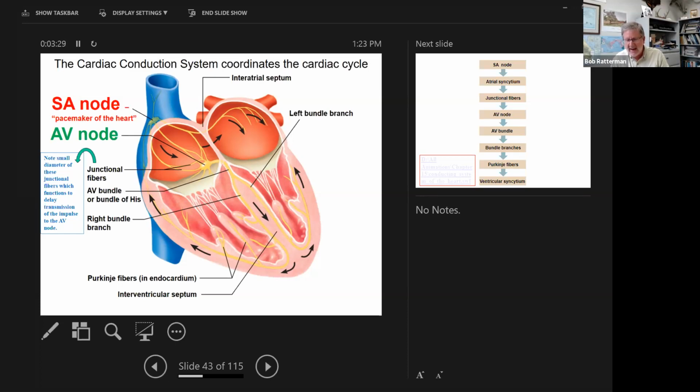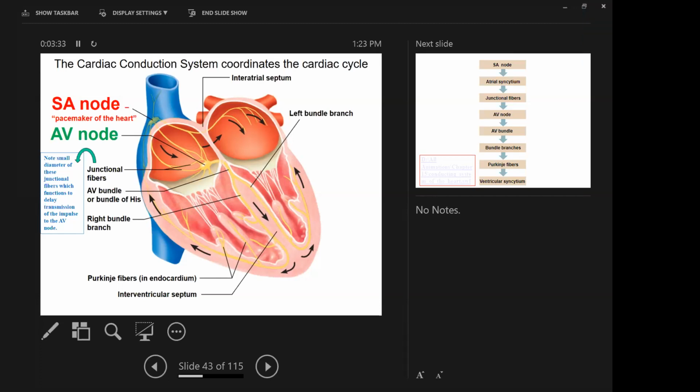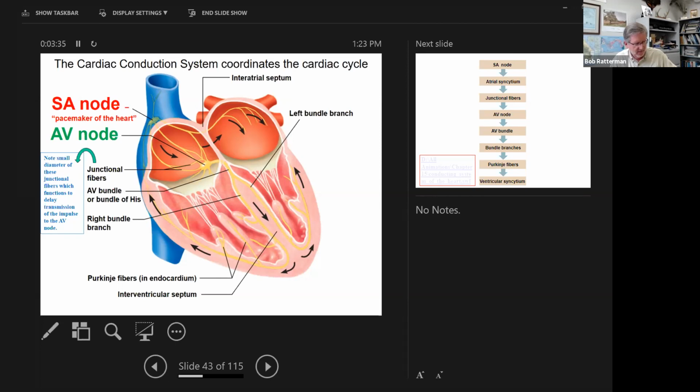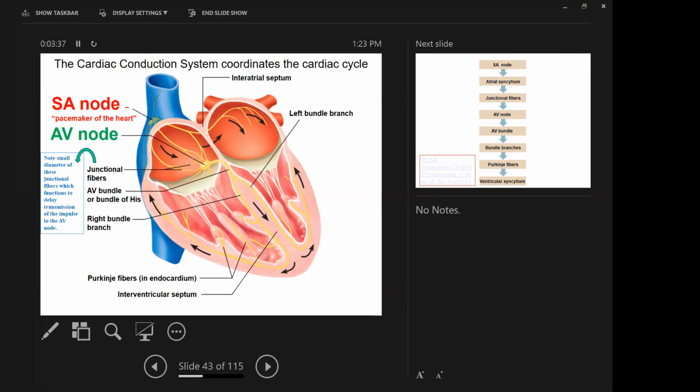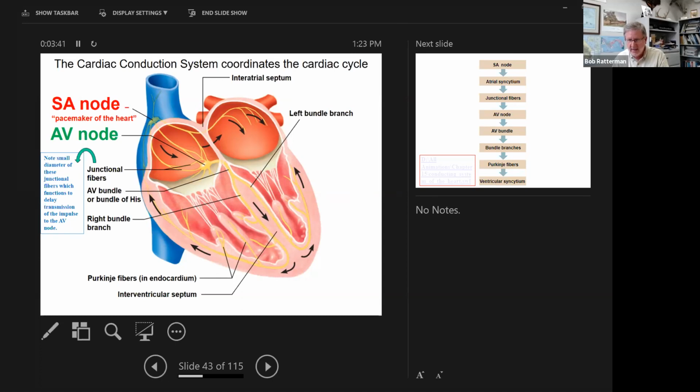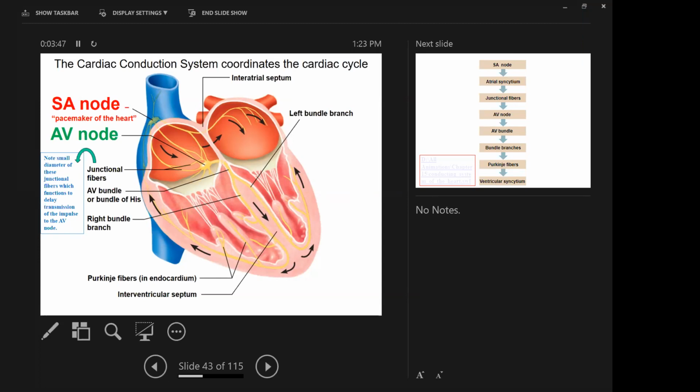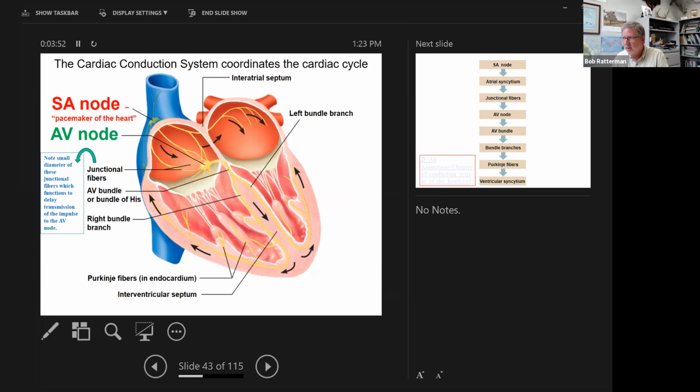We refer to that as atrial systole. Maybe you've read about that in one of the earlier slides. Okay, so the word systole, S-Y-S-T-O-L-E, is just a fancy word for contraction. And relaxation, we use another fancy word for that. It's called diastole.